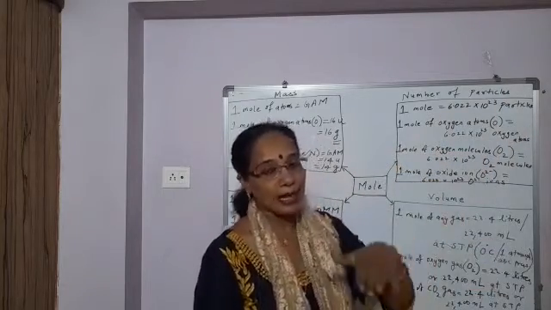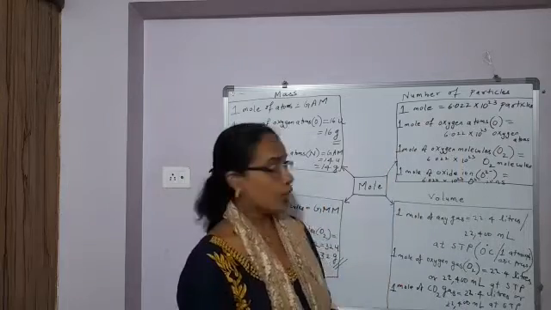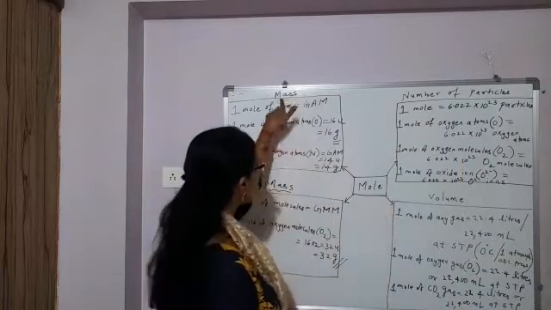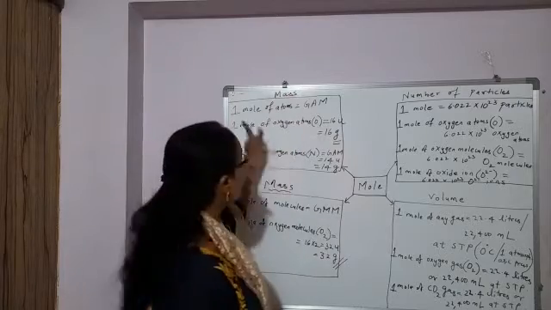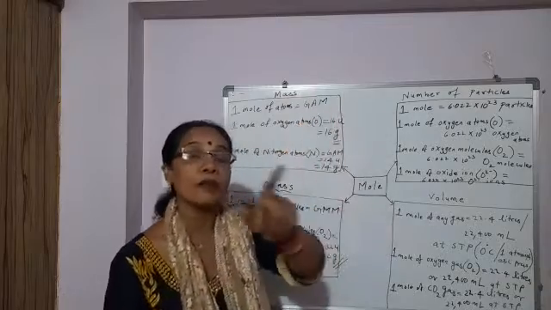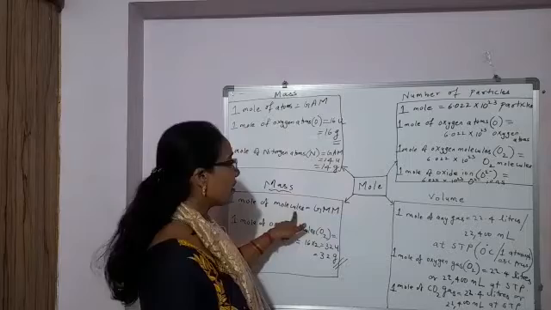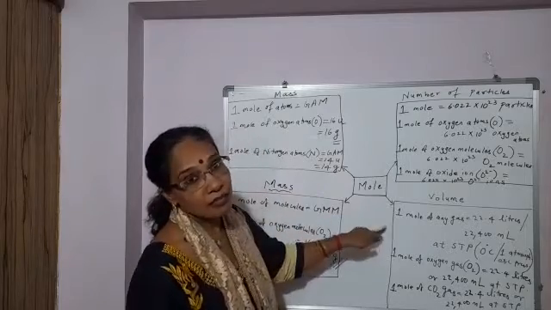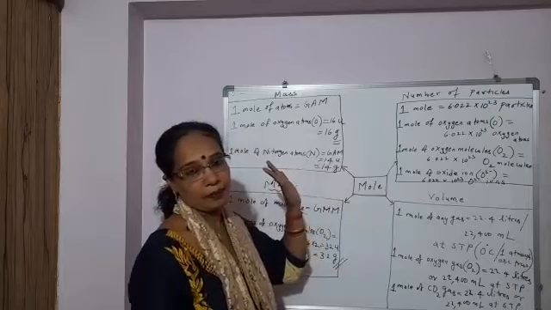Particles means it can be atoms, ions or molecules. You can express mole in terms of mass. If it is atom, so 1 mole of any atom, its mass will be equal to its gram atomic mass. If it is molecule, then 1 mole of any molecule, its mass will be equal to its gram molecular mass.